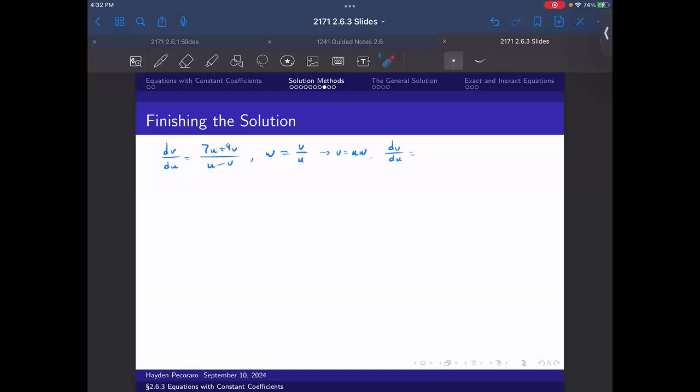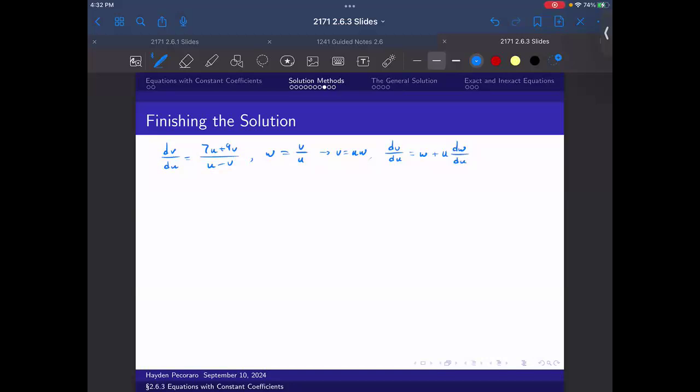If I want to take a derivative with respect to u of this expression, what rule do I use? Product rule, yes, because w is some function of u. That gives us the derivative of u with respect to u, which is 1, plus u times the derivative of w with respect to u.